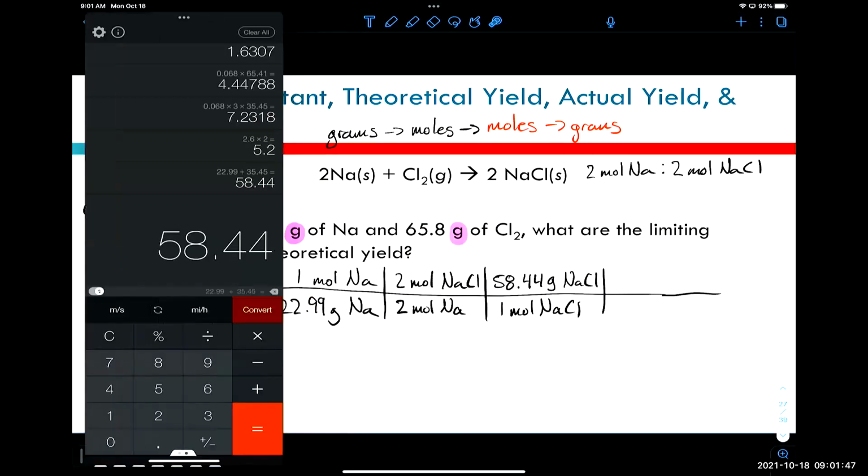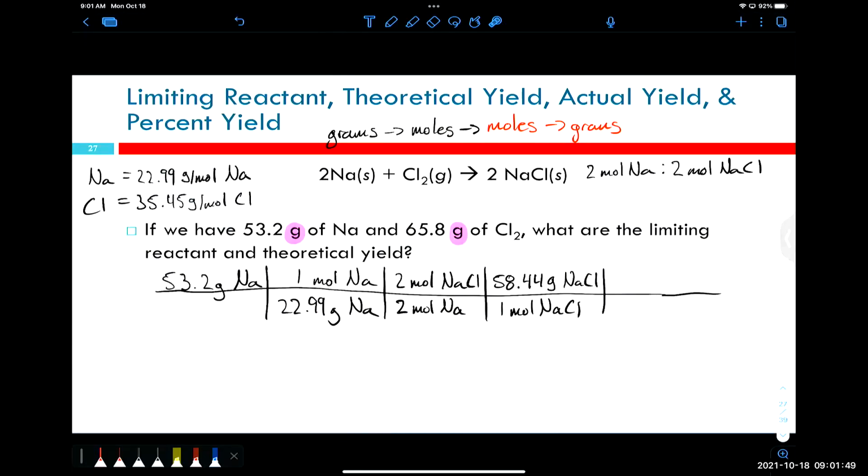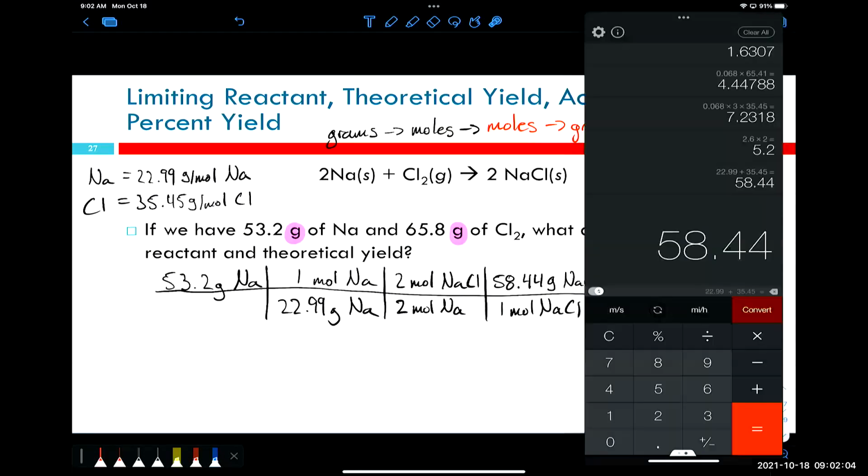Right. And we just added them together, didn't multiply anything because we only have 1 sodium and 1 chlorine for every sodium chloride formula unit or molecule. So then we'll take our 53.2, our initial mass of sodium, and then we can multiply across the top. I'm going to skip multiplying by 1. We can multiply by 2, and then multiply by 58.44.